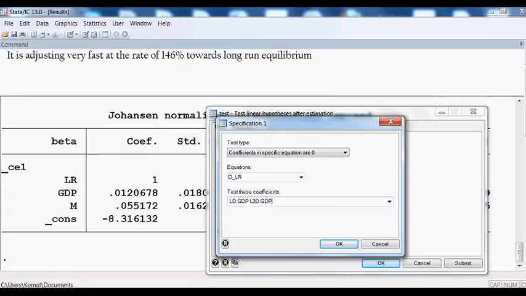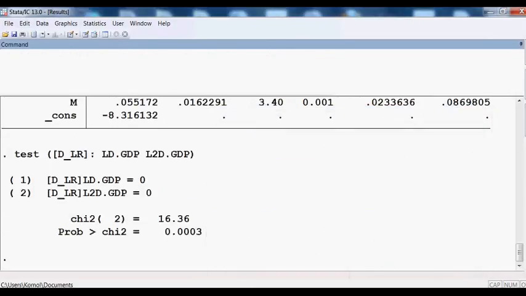Okay, the hypothesis is set, so I need to check whether these two independent variables are 0 or not. Okay, it is set, then I press OK, then OK.